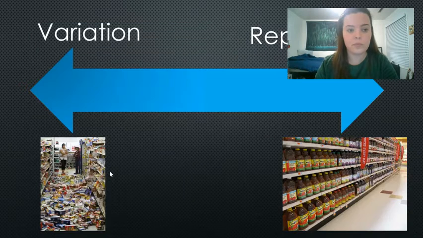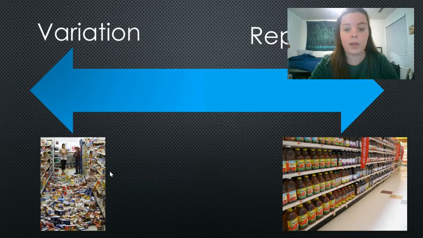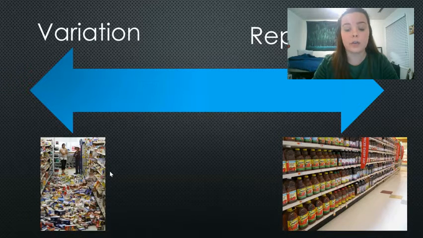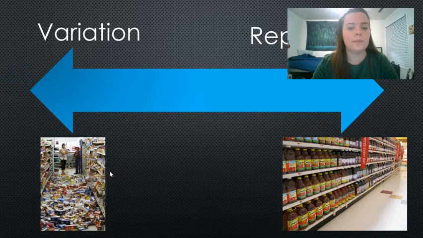And I have this scale here. Variation and repetition are principles of design. I have them on a scale here because they're very much related. If you have a lot of repetition, it'll kind of look like a grocery store where everything is very organized and is repeated again and again. And variation kind of looks chaotic.